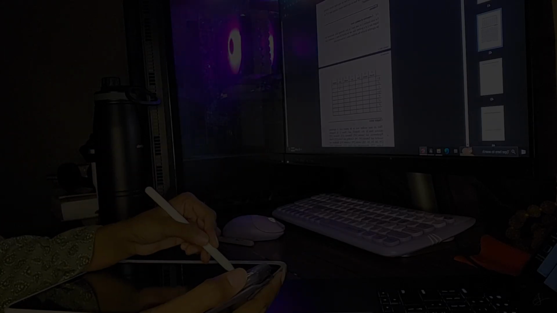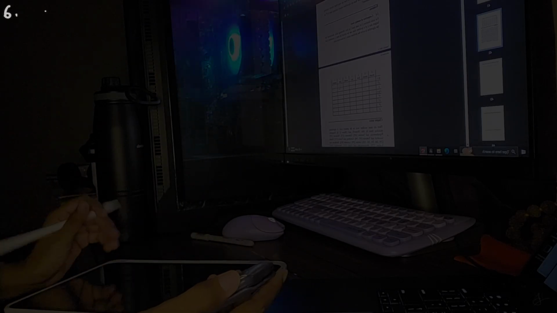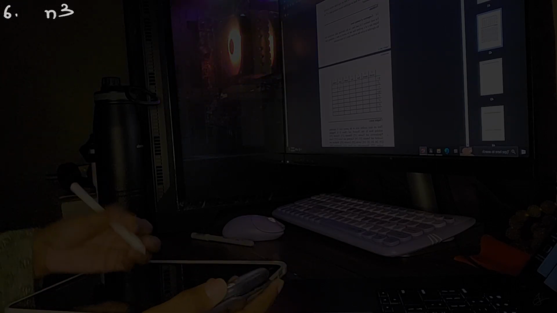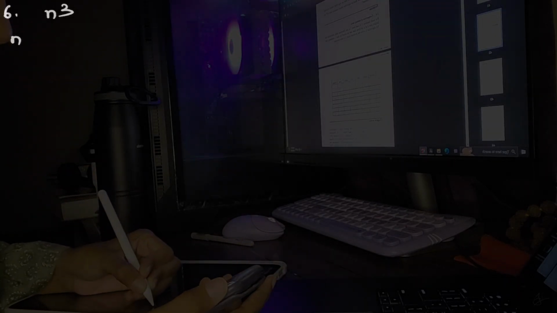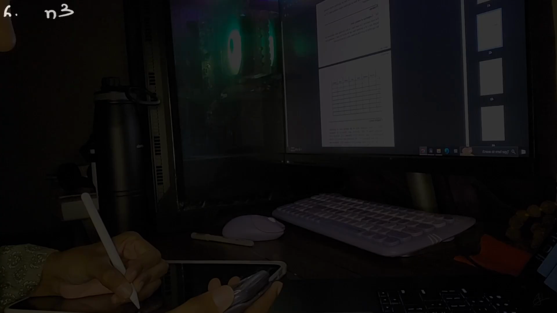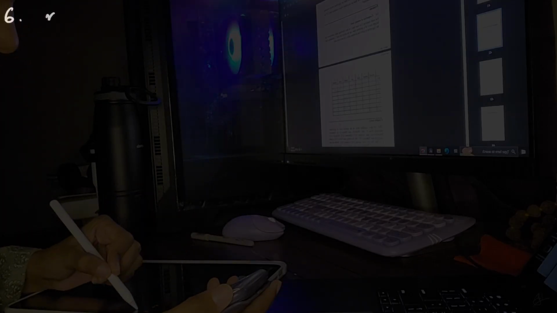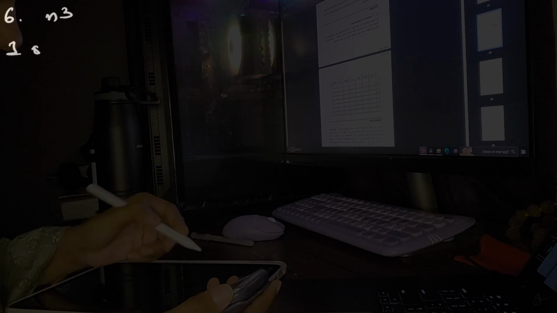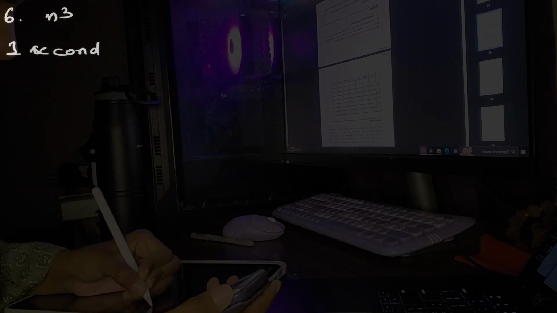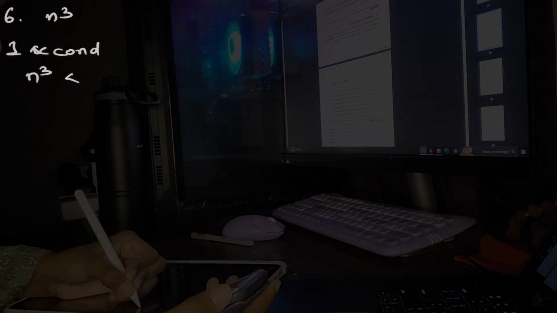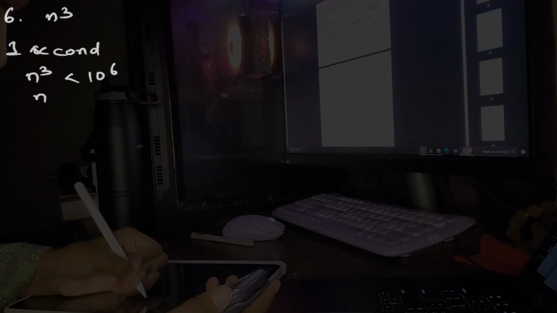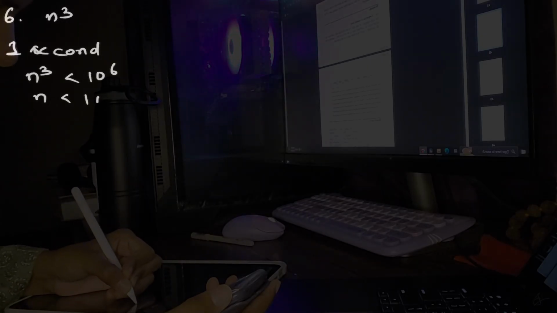Now coming to the next question, which is n cube. First again we'll solve for 1 second. N cube is 10 to the power of 6, and n would be 100.